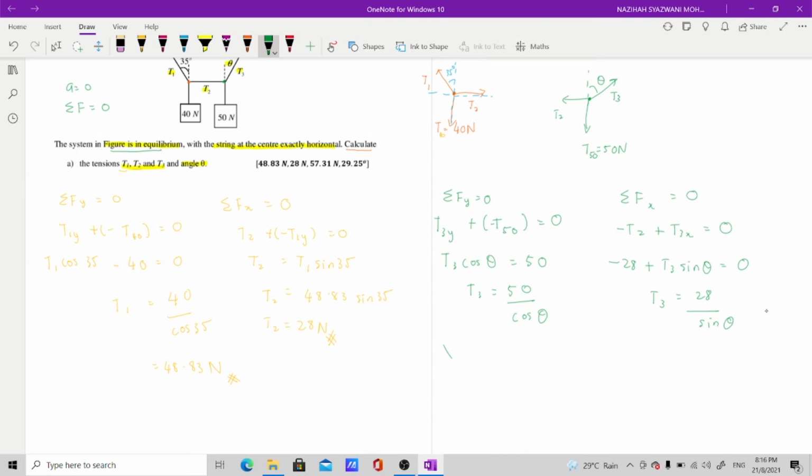If you notice, we have two equations and two unknowns, so we can use both equations. I am going to make 50 cos theta equals 28 sine theta. I am going to bring my sine up here. So sine theta over cos theta equals 28 over 50.